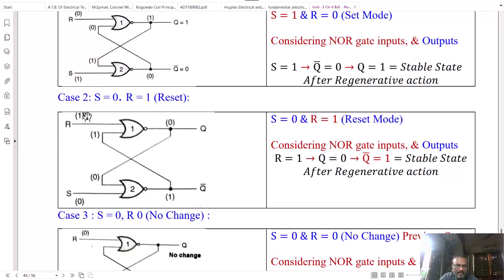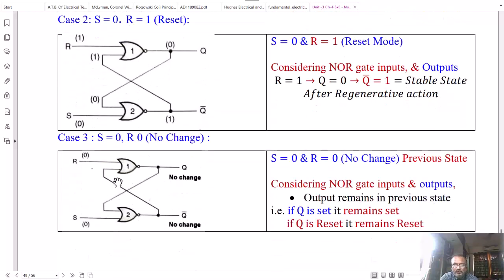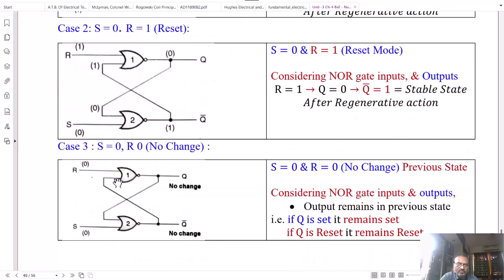So by making the reset input R logic 1, you can reset the output Q to 0. Setting the output means setting it to logic state 1, and resetting the output means setting it to logic 0 state.